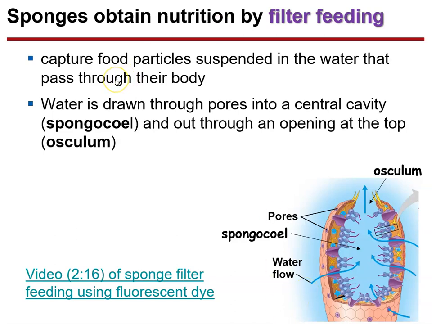They do this by drawing water in through their pores into a central cavity called the spongocoel, as shown on the diagram at the bottom right here. And then the water gets pumped out through an opening at the top called the osculum. So the water is always flowing in that direction as shown by the blue arrows, in through the pore to the spongocoel and then out through the osculum at the top.